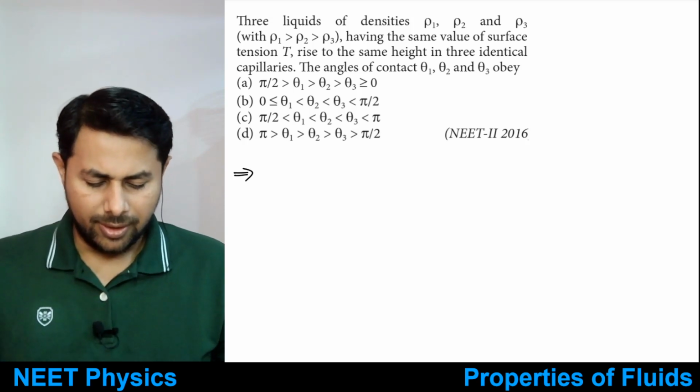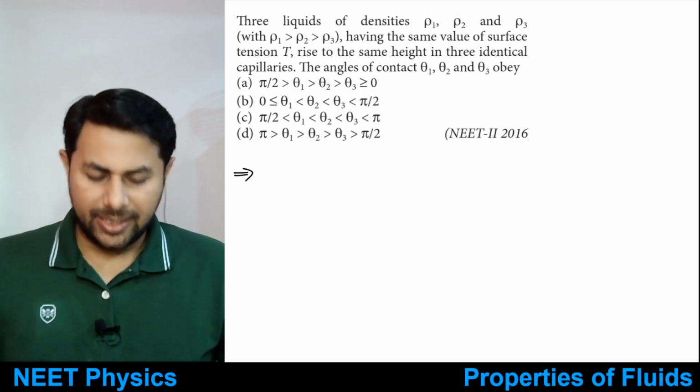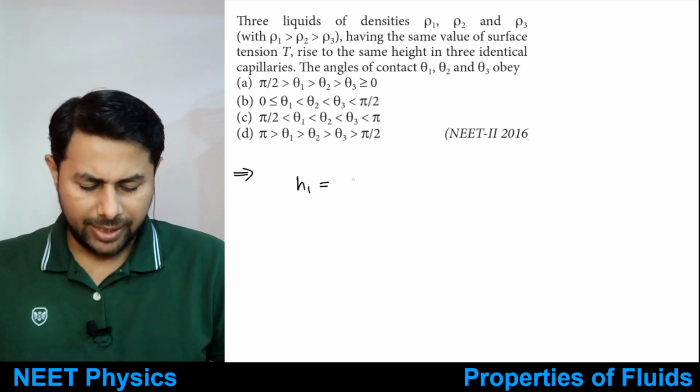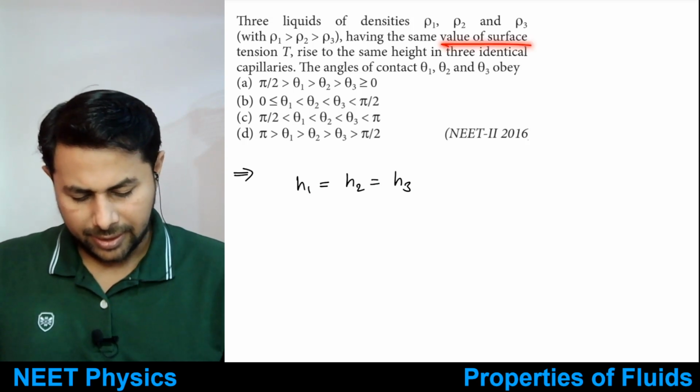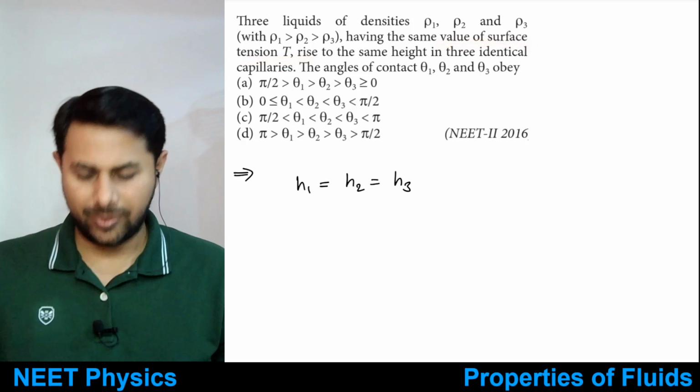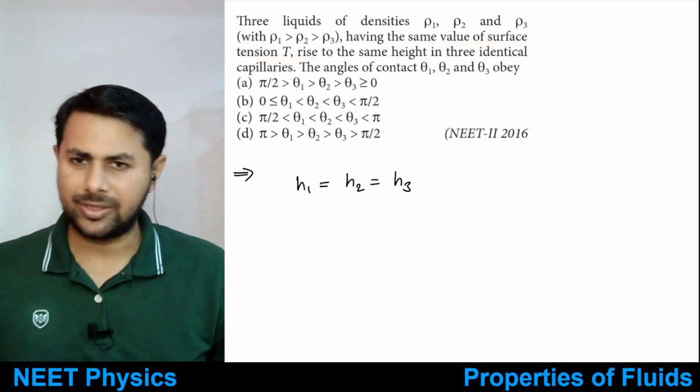Okay, so heights are same, that means h1 is equal to h2 is equal to h3, okay, and their surface tension is same, okay, surface tension of these three liquids is same.